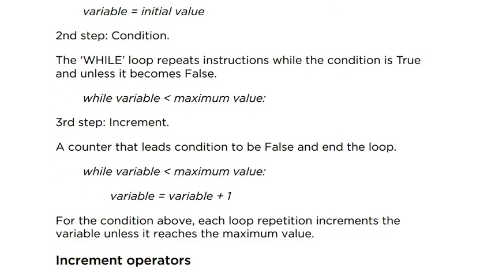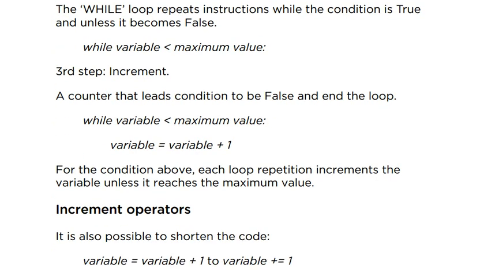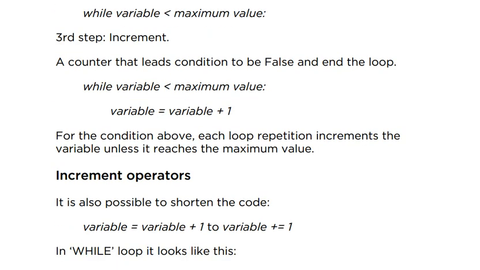Third step, increment: a counter that leads the condition to be false and ends the loop. While variable < maximum value, variable = variable + 1. For the condition above, each loop repetition increments the variable until it reaches the maximum value.